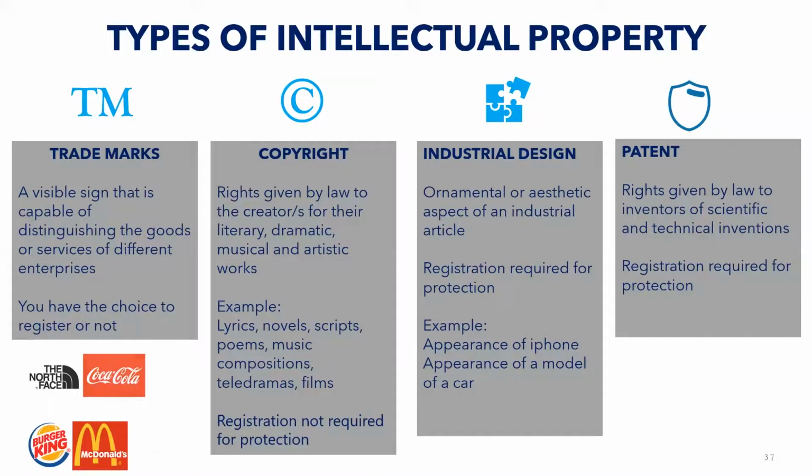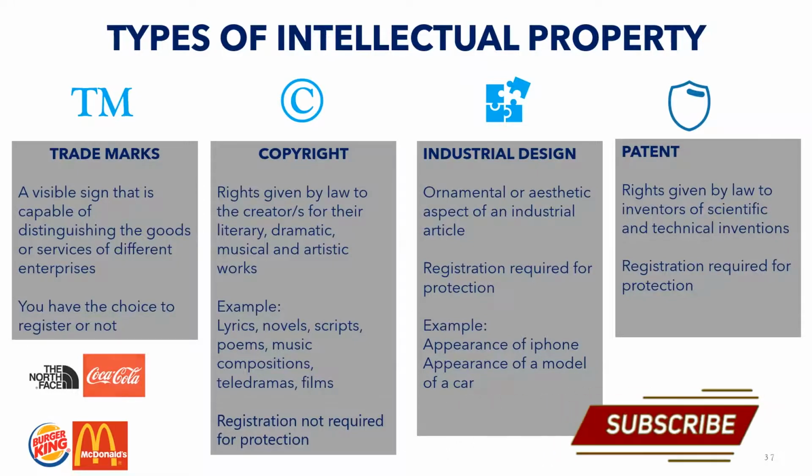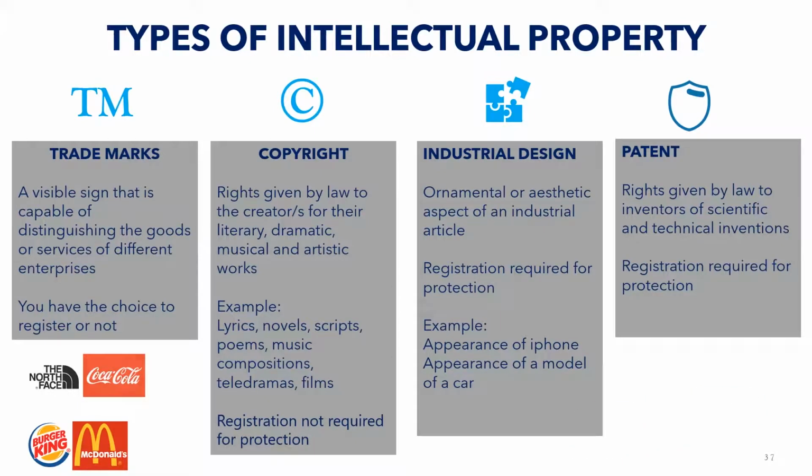So this is really the rights which are given to the inventor for a scientific or technical invention. So some kind of software development, any other form of formulas, designs, any of those can be considered patents. I think one of the most familiar patents could be the electrical batteries in vehicles.